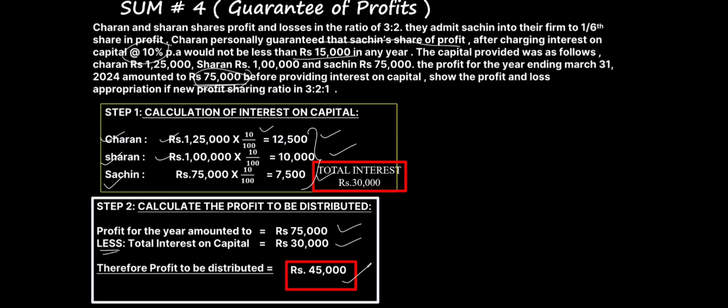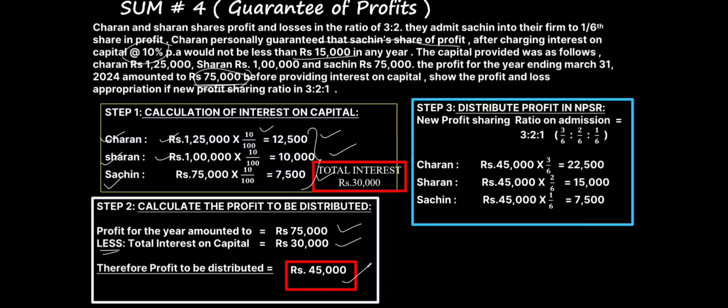Now let's distribute this 45,000 profit to the partners in the new profit sharing ratio. New profit sharing ratio is given in the question, that is 3:2:1, which can also be written as 3/6, 2/6 and 1/6. Now distribute the profit for all the three partners.